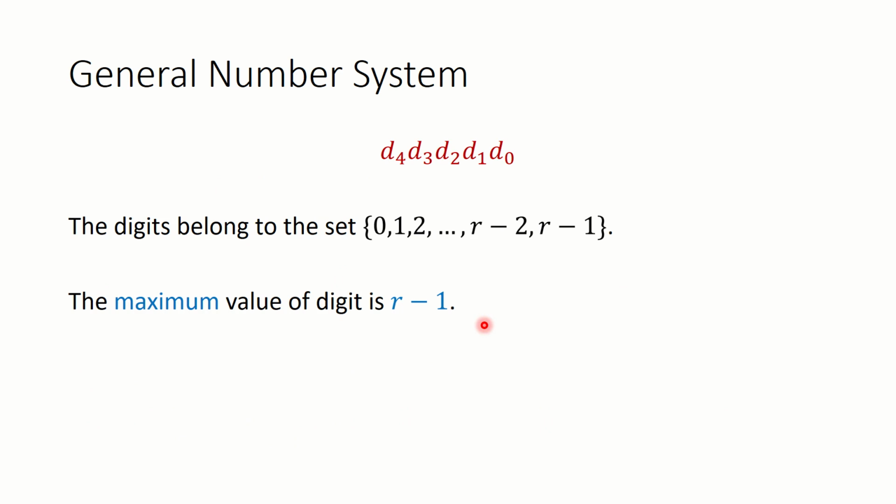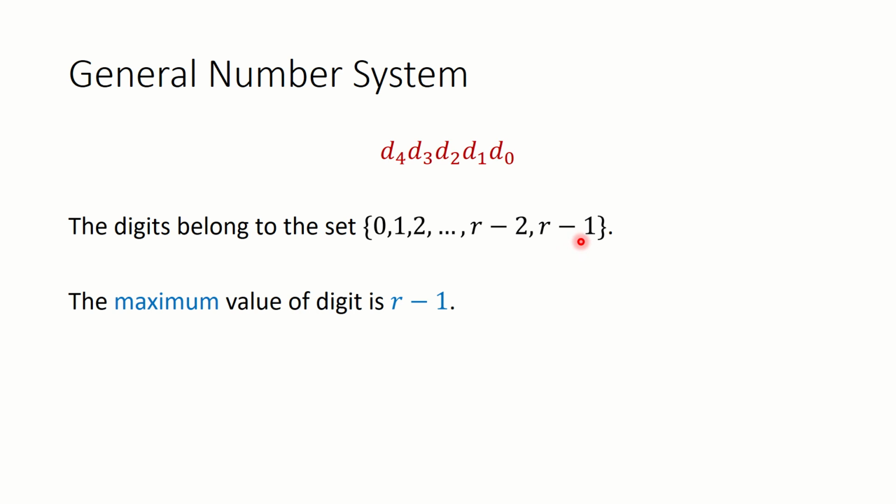Because the digits will always belong to this particular set: 0, 1, 2 up to r minus 1. If the radix is r, then the digits in that number system will belong to 0, 1, 2 etc., up to r minus 1 only. It will not include r.